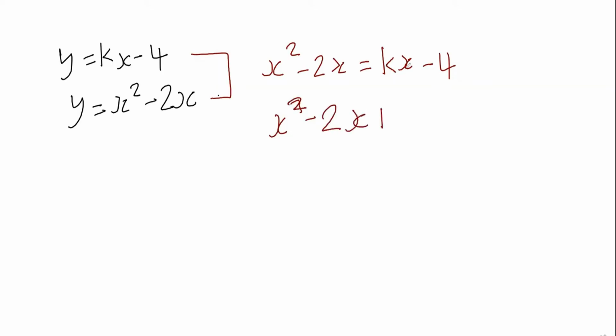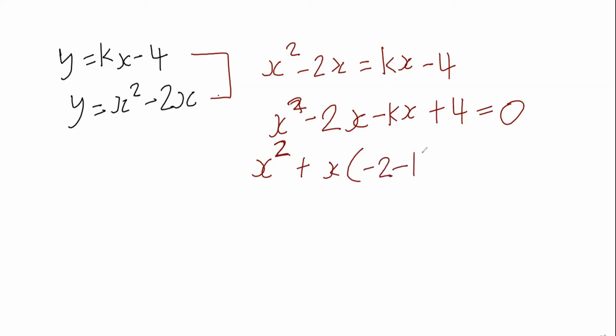When I bring over the kx to this side, it becomes minus kx, and I bring over the 4, it becomes plus 4 equals 0. So at this stage what you have is x squared, factor out the x, plus x times (minus 2 minus k) plus 4 equals 0.